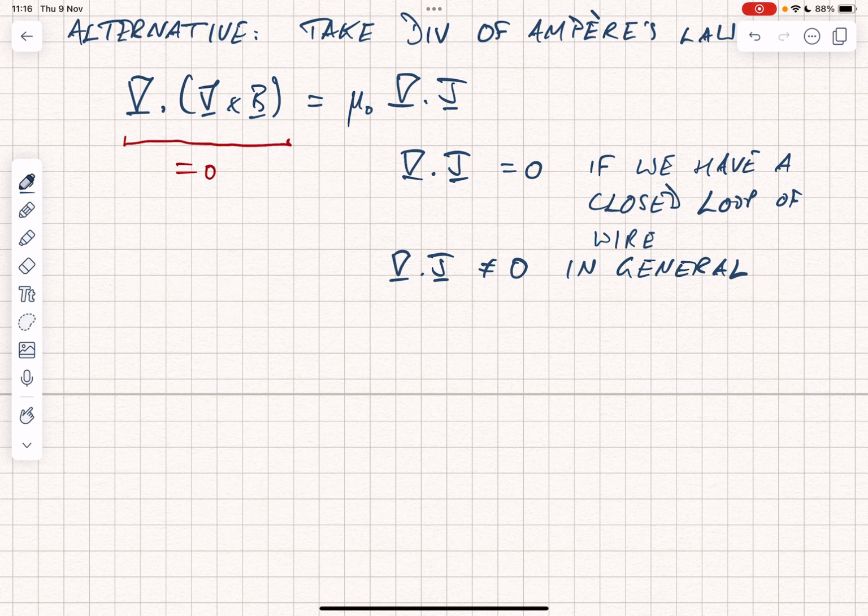So we're going to think about ways to fix this. So how do we fix Ampere's law? Because in many experiments, it's very hard to actually detect the discrepancy between the two halves of the equation.